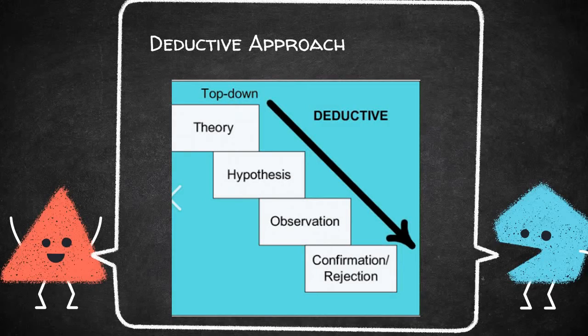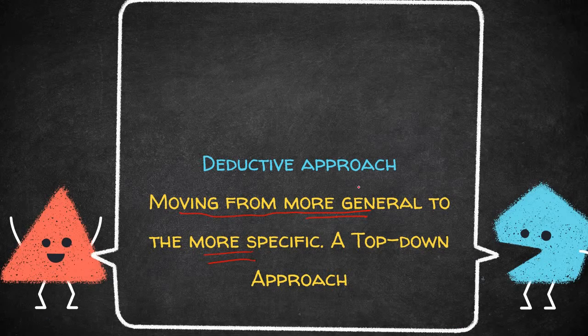Understand, when we say more general, theories are general, right? Theory of gravitation is responsible for an apple falling on the earth, and it goes on explaining terrestrial and celestial, astronomical phenomena.